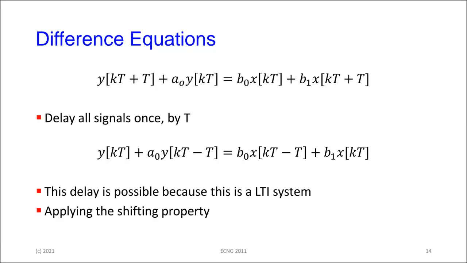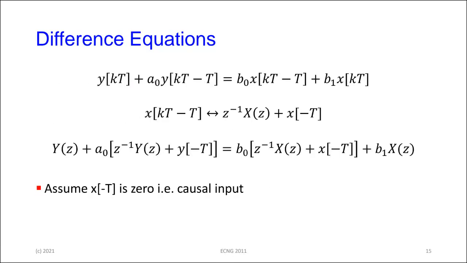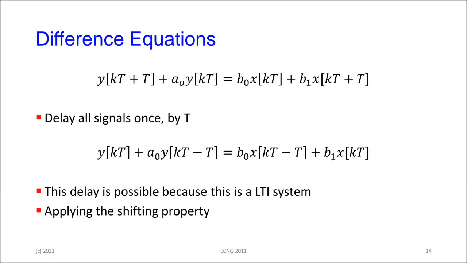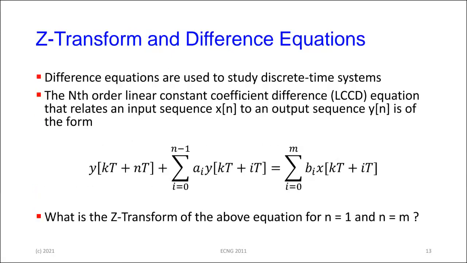Let me see what we have here to do. Okay, just a couple of slides here and we could sort of wrap up. So this is the general form of a difference equation. When you have a whole set of values, this is the current output, past outputs, and the current set of inputs.